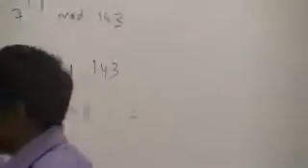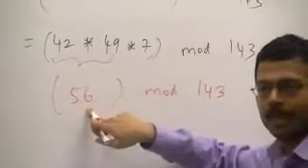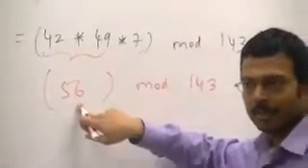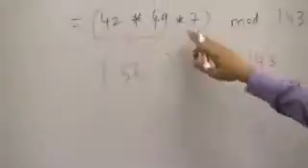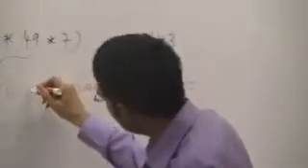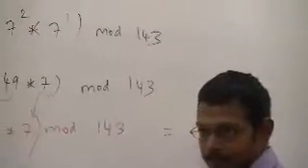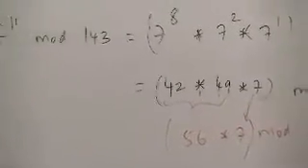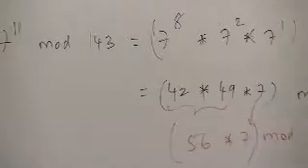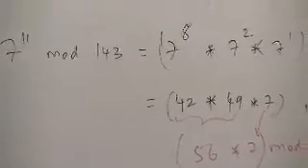So 42 times 49 will be some larger integer, I think it's 3600 something. Mod 143, 56. And then you have the 7. So 56 times 7 is 392, and 392 mod 143 is 106.